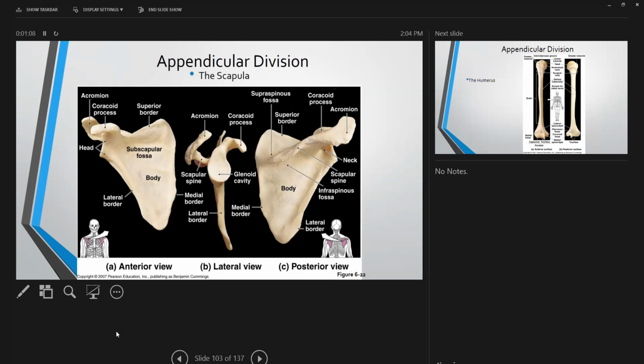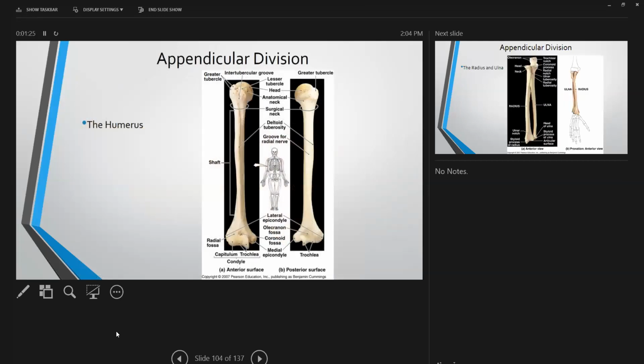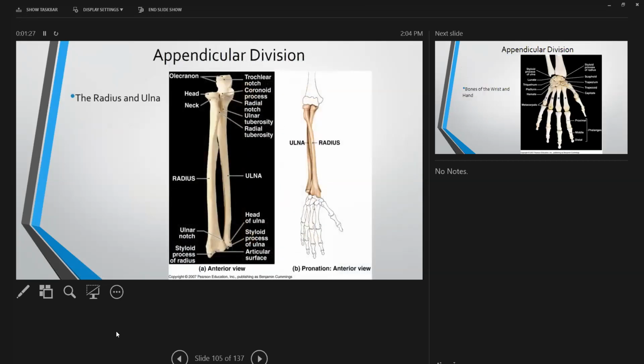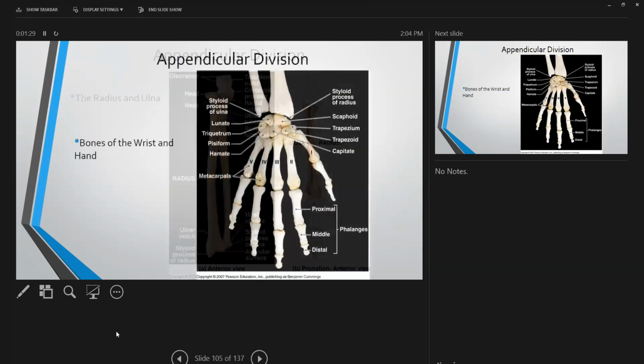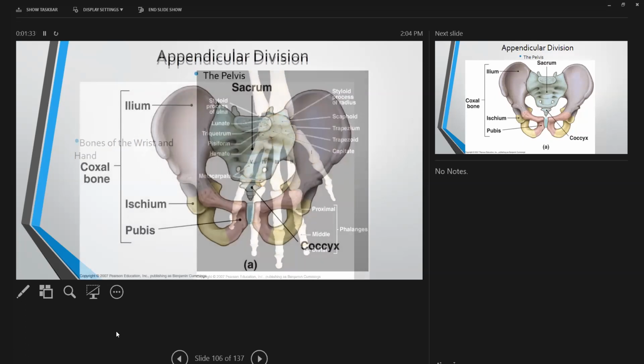And here is the shoulder blade with all the processes noted, the coracoid process, the acromion, the scapular spine, and the glenoid cavity, as well as the humerus, radius and ulna, the carpal bones and the metacarpals.